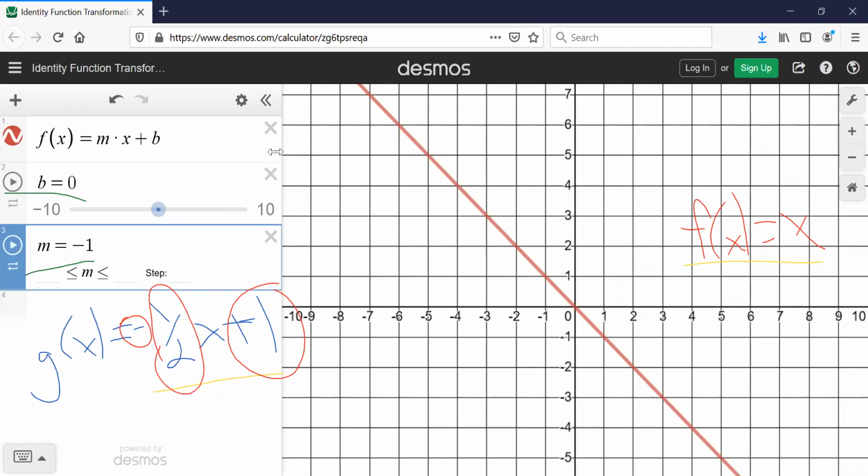Okay. Then next we're going to think about, what does this 1/2 here do? Well, again, it's a 1/2 on the outside of the variable, which means it's going to impact the outputs, so it's going to do exactly what we think it'll do. So 1/2 is going to do a vertical compression by a factor of 1/2.